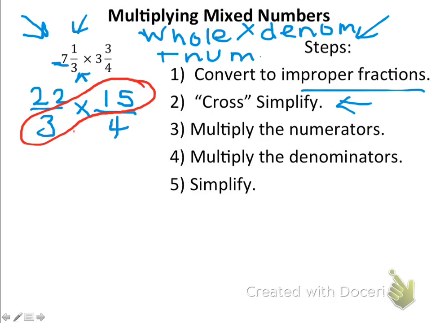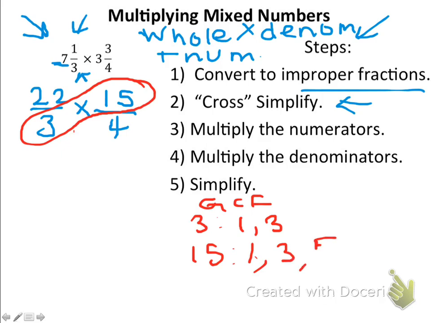Let's check. To find the GCF, I'm going to write down both 3 and 15 and write down all the factors of both. So the factors of 3 are 1 and 3. The factors of 15 are 1, 3, 5, and 15. So their greatest common factor is 3.